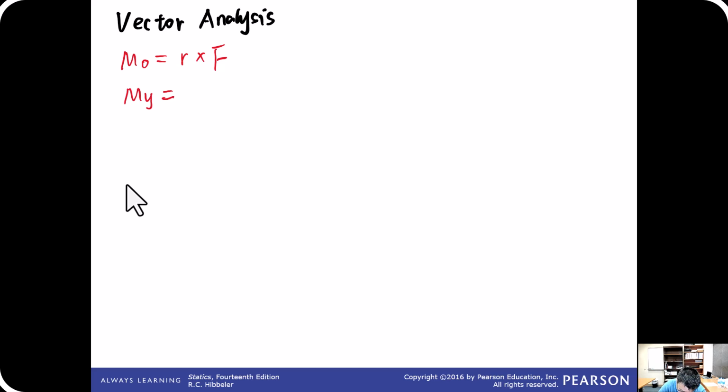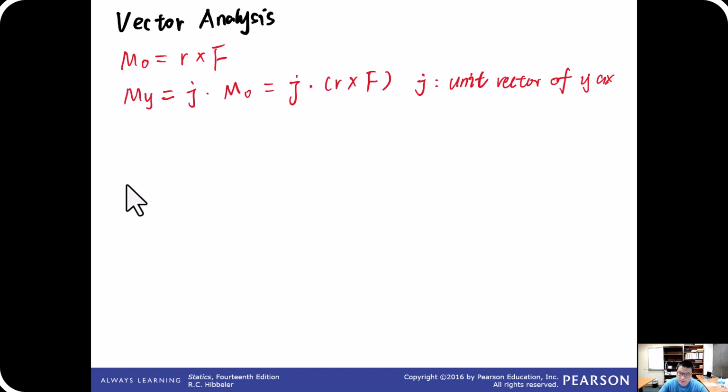Which means My will be j dot MO, which becomes j dot R cross F. Here j is the unit vector of the y-axis.